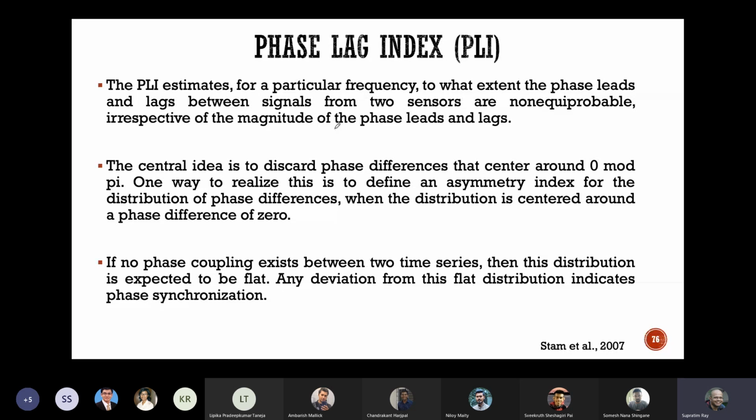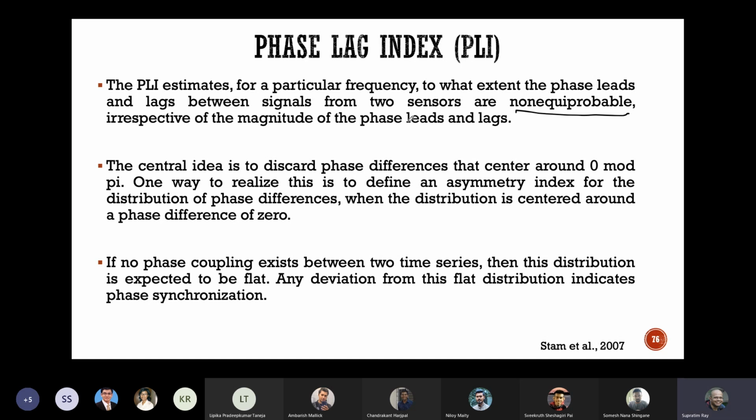So let me read this out. The PLI estimates for a particular frequency to what extent the phase leads and lags between signals. So I'm just going to check to what extent the phase leads and phase lags are non-equiprobable, irrespective of the magnitude of these phase leads and lags.